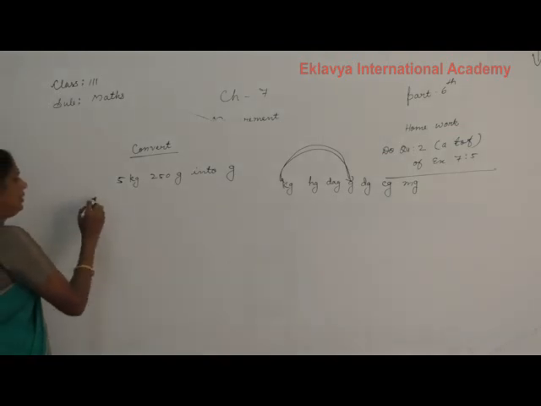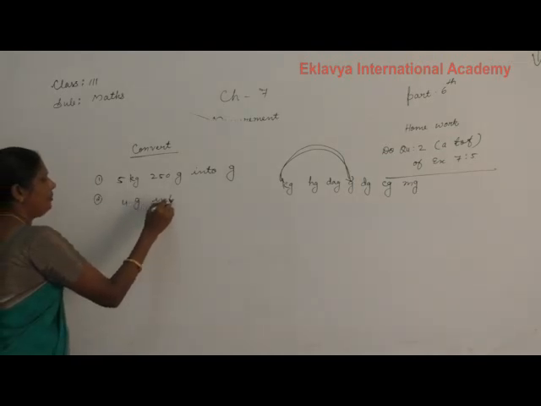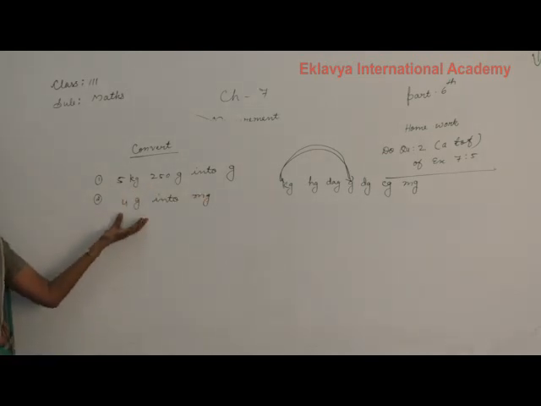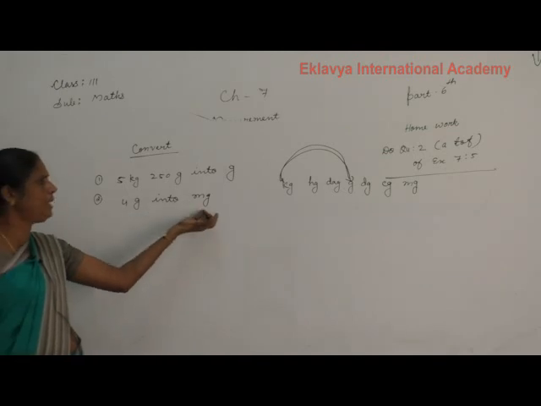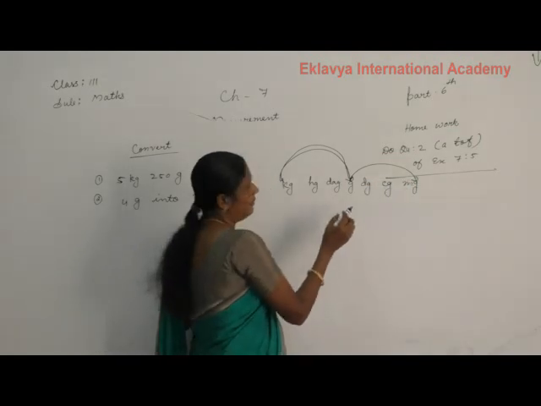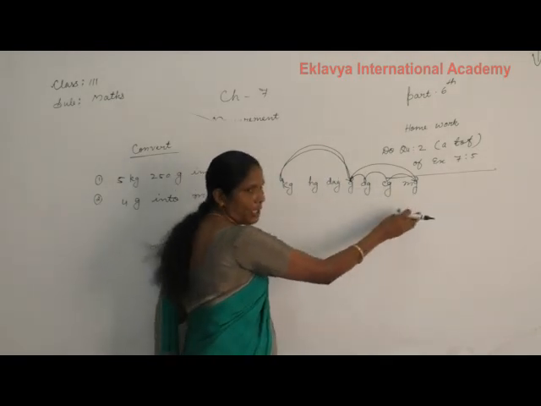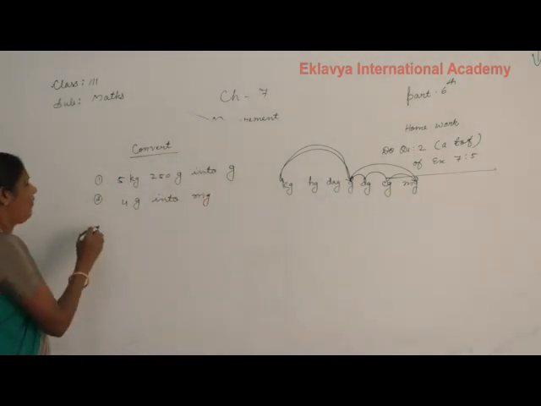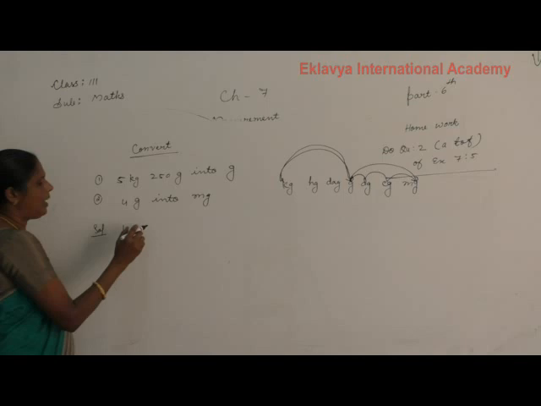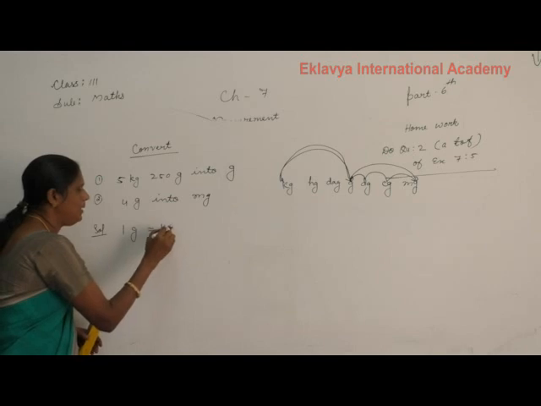Next question, 4 gram into milligram. Where is our gram? This gram into milligram. The distance is 10, 100, 1000. Bigger to smaller, multiply. Solution: 1 gram is equal to how many milligram? 1000 milligram.